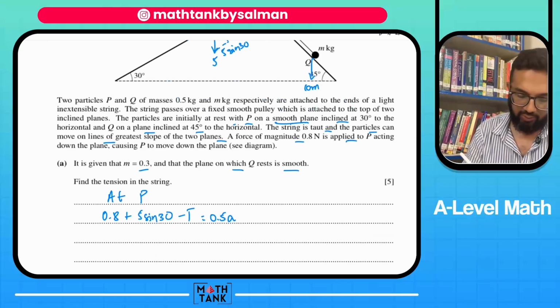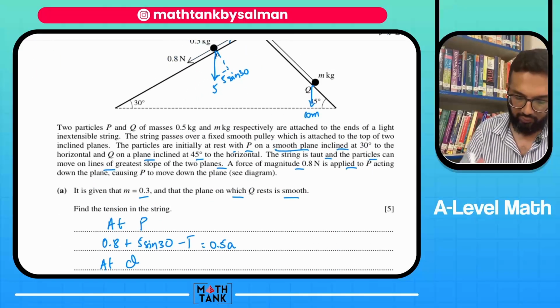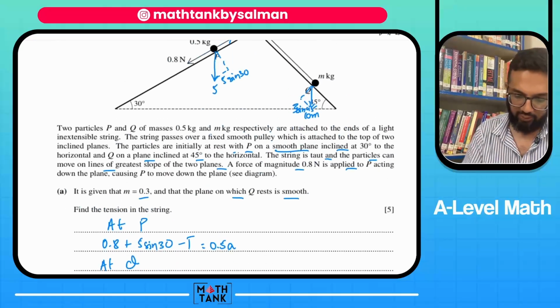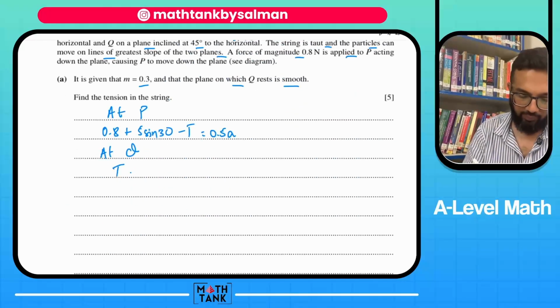ओके, एट क्यू क्या हो रहा है, द ड्राइविंग फोर्स इज, वो बन जाएगा 3 sin 30. दूसरी तरफ पुल कर रहे हैं तो पी इसको ऊपर जाना है, सो ये टेंशन इधर फेस करेगी, तो टेंशन -3 sin 45 इक्वल्स टू एम ए. ओके, एम इज 0.3, सो 0.3 है.